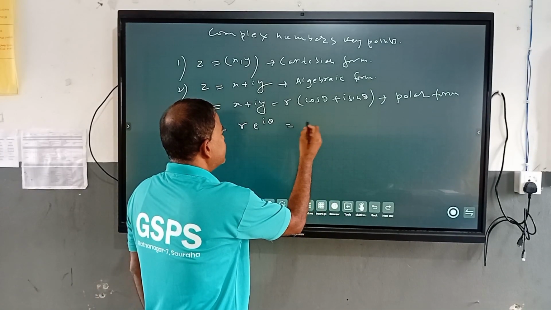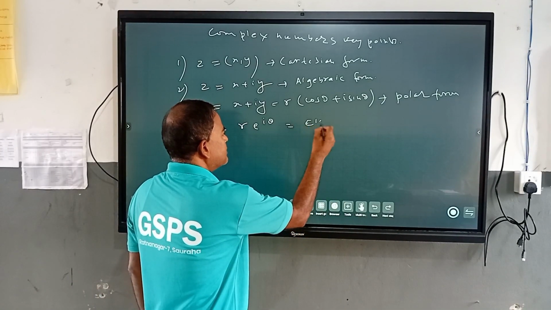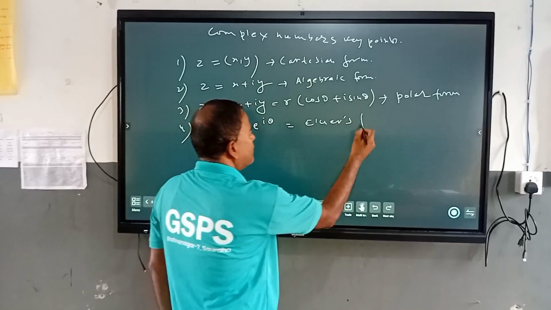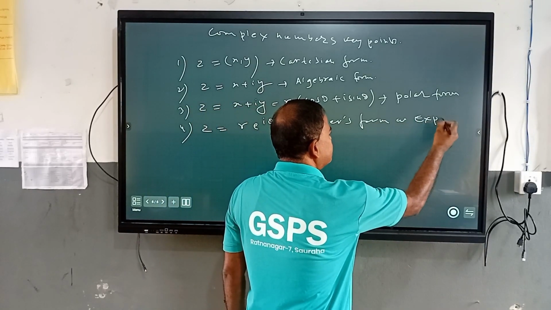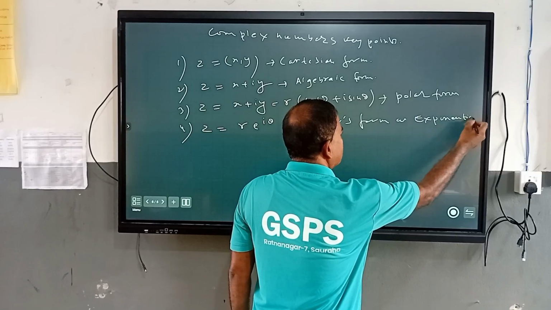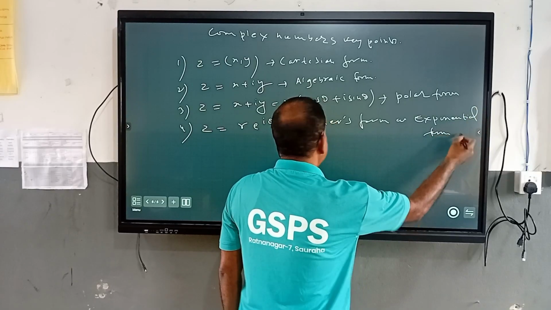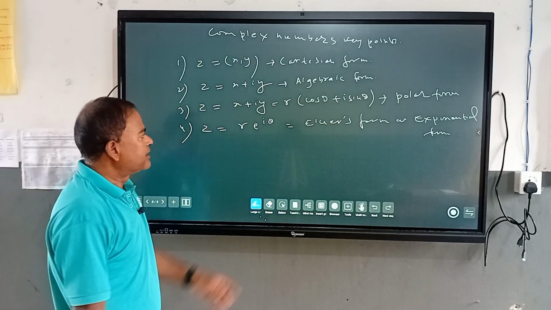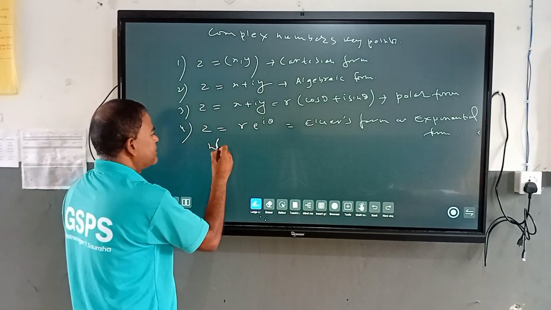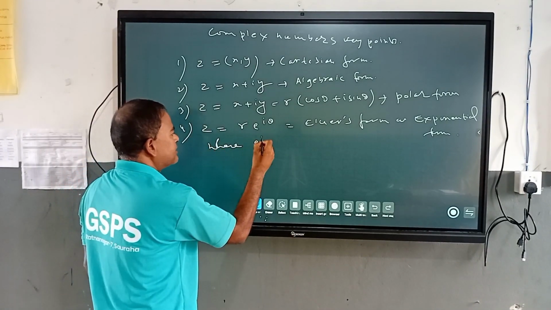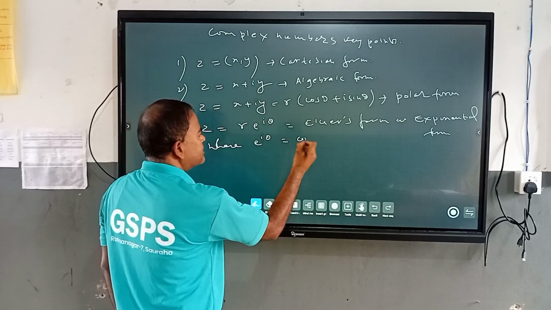So this is known as Euler's form or exponential form of complex number, where e^(i theta) equals cos theta plus I sin theta.